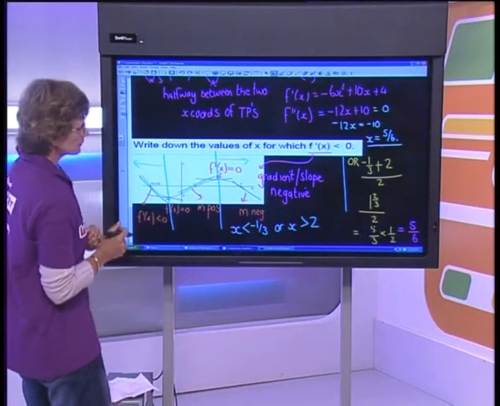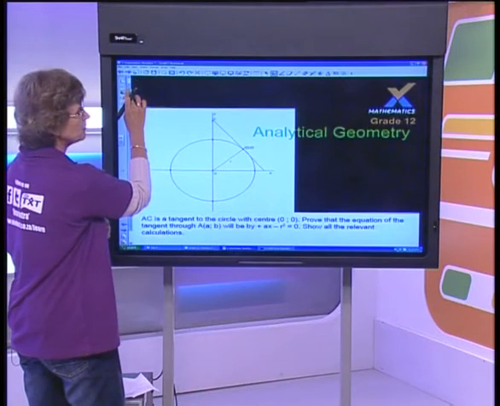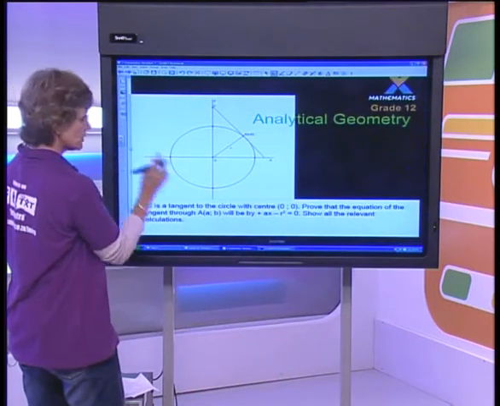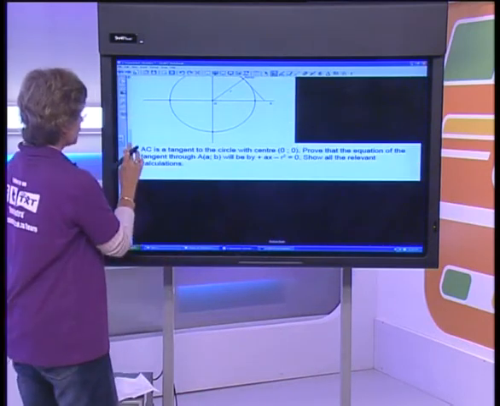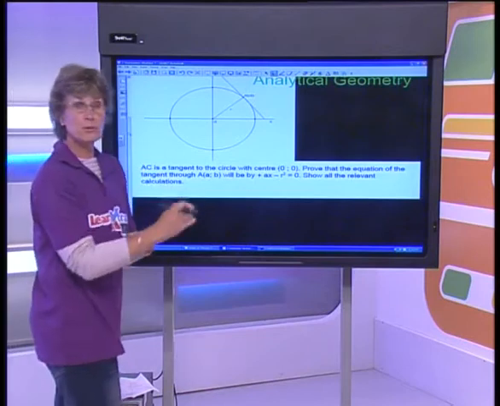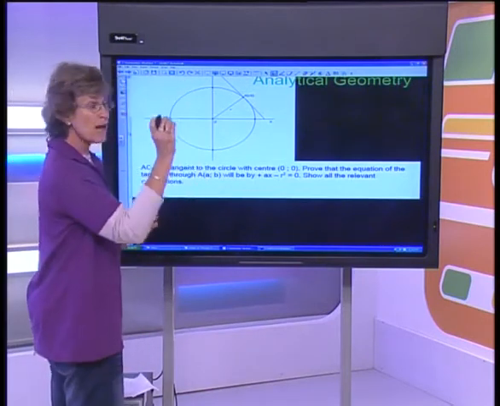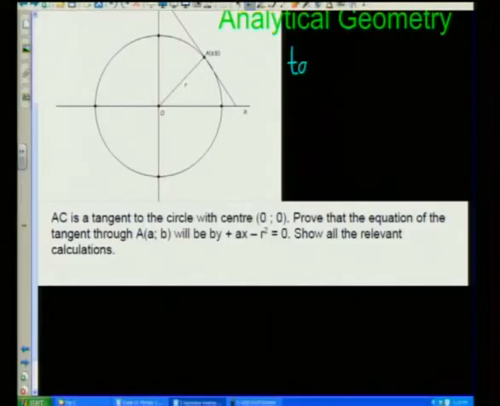Okay, so we're going to move on to the next slide, and we're going to do a little bit of analytical geometry. Now, analytical geometry, of course, in grade 10 and 11 focuses basically on midpoint and distance and all those kinds of things. And in grade 12, it's really all about tangents, all right?